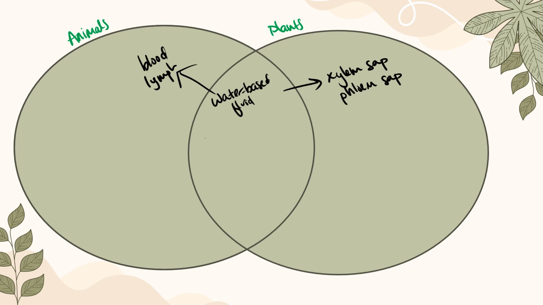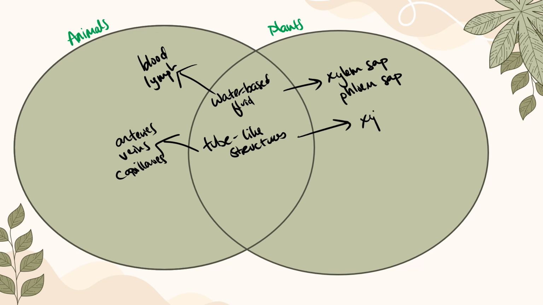Both plants and animals have some tube-like structures that are going to allow for that water-based fluid to get moved around. In us animals, we have our arteries, and we have veins, and we have capillaries. Plants have xylem and phloem.